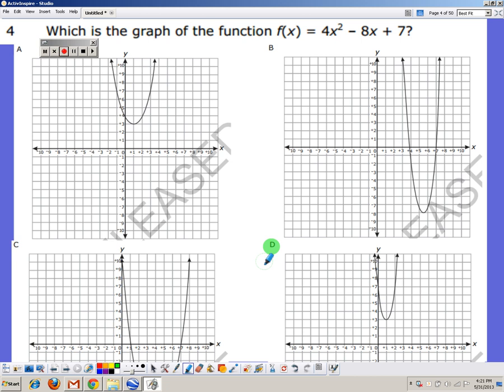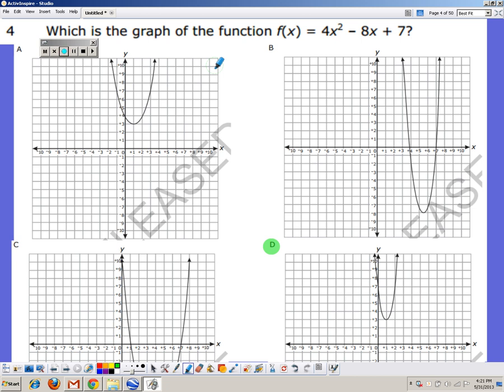Remember, the higher the coefficient, the skinnier it becomes. If the coefficient of x squared is a negative, such as a negative 4x squared, then you know it's going to make an n.